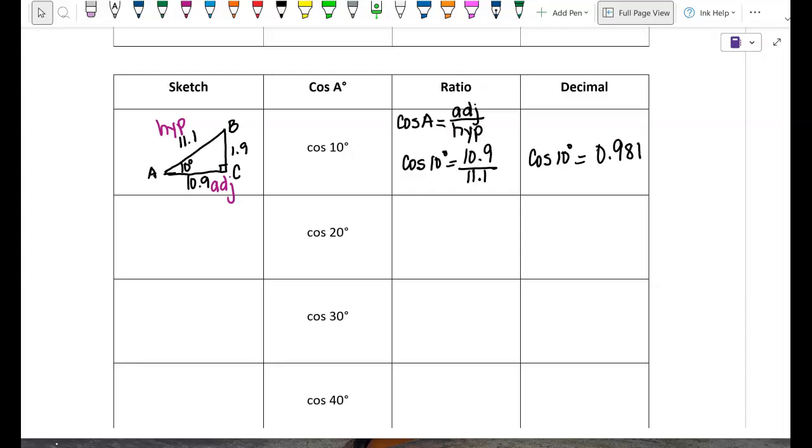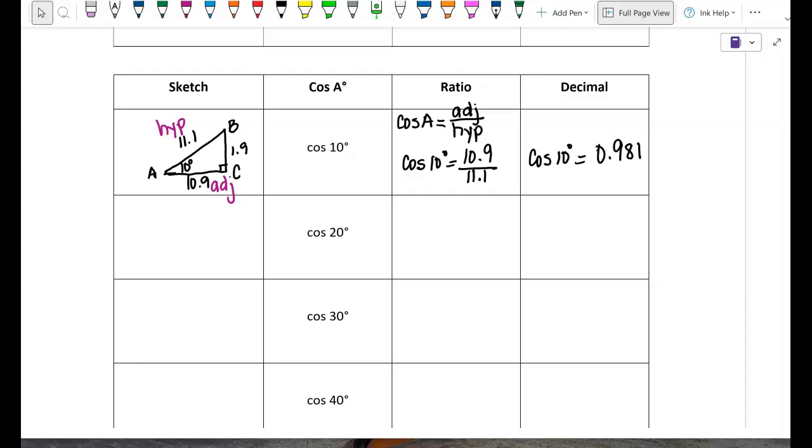Now again, I am not filling out the entire chart because everyone's pictures are probably different. Everyone's ratios could be different, but we should all have very close decimal values no matter what ratios we're using.